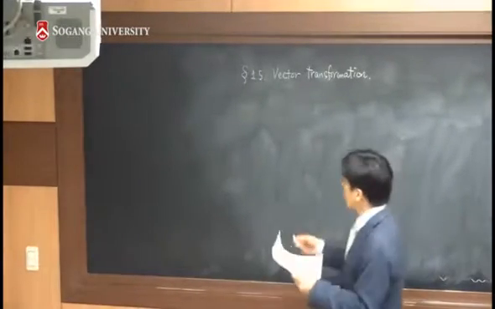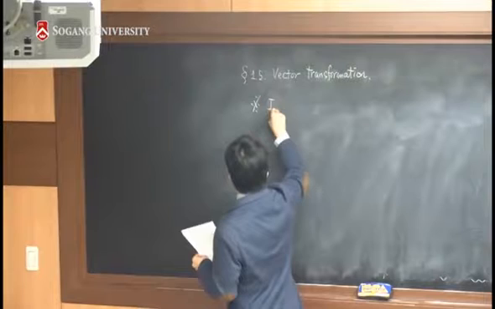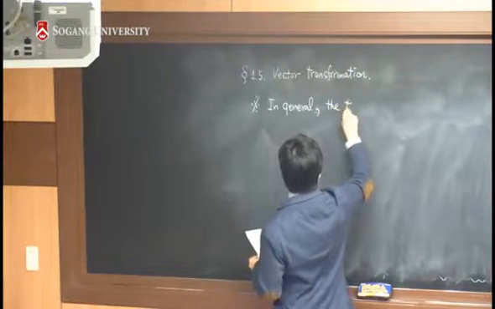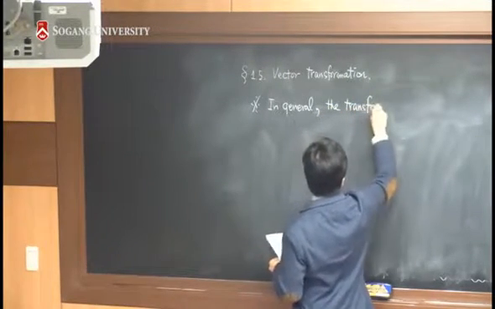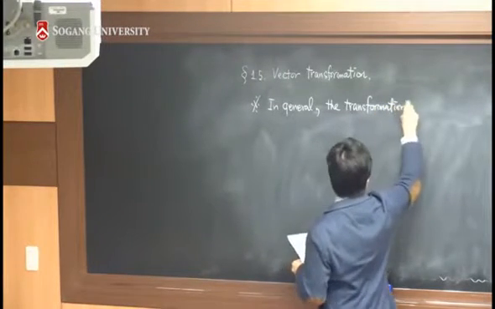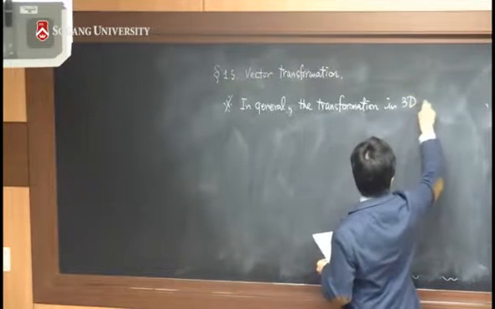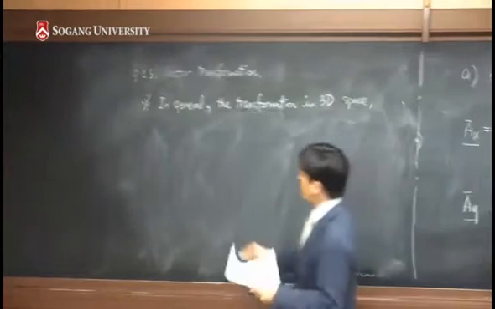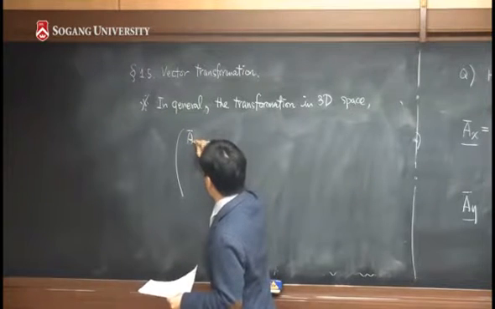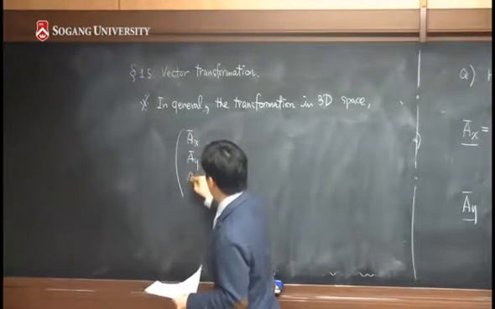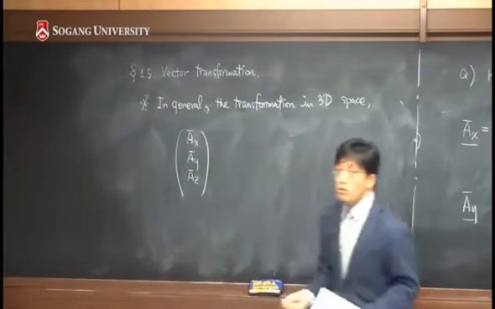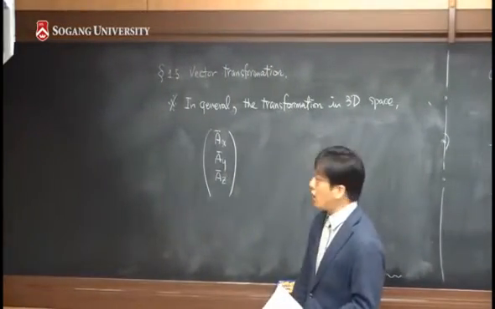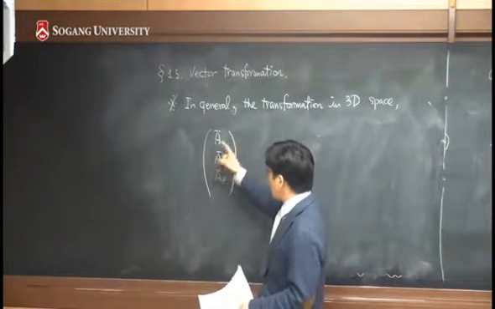In general, if you think about the transformation in three-dimensional vector space, the transformation rule is usually written as a bar x, a bar y, a bar z, because in general we live in a three-dimensional space, and usually a vector is given by three components.